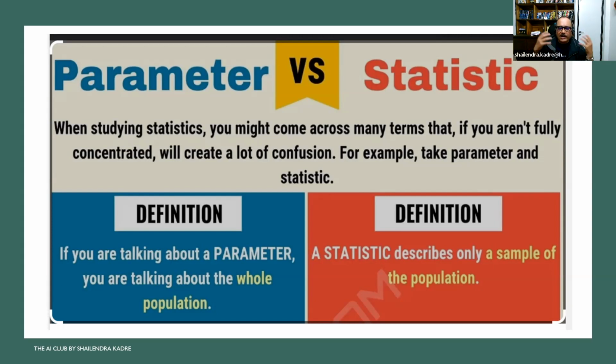So when I am talking about 50 centimeters of snowfall in the entire Sikkim, that becomes a parameter because I'm talking about the entire population. When I say something about the entire population, I call that thing a parameter.